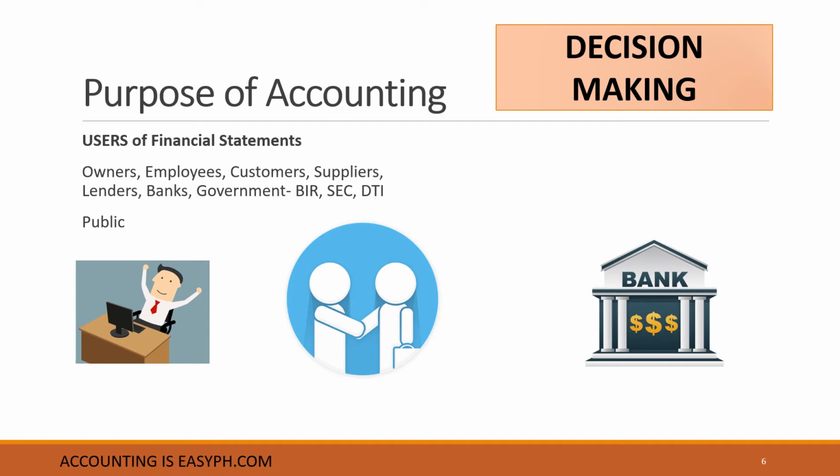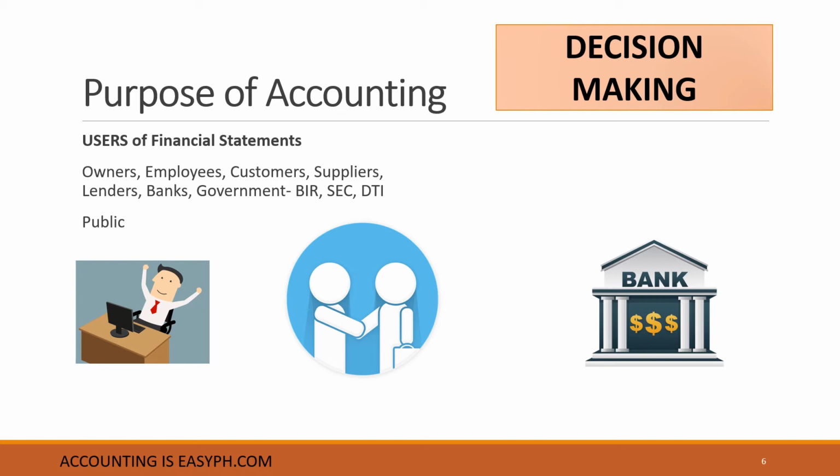For the government, they want to know whether the company pays the correct tax, and of course for regulatory purposes. For the employees, they would like to know whether the company is stable and profitable so that the company can pay their salaries and provide their benefits.